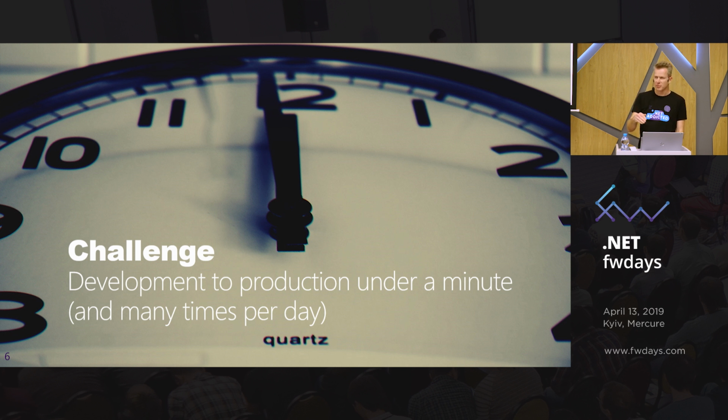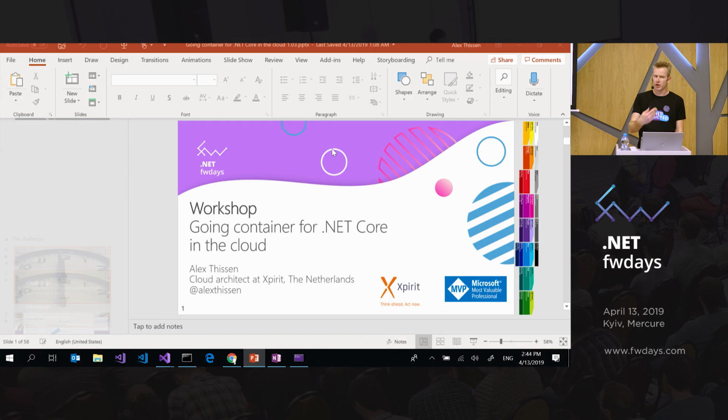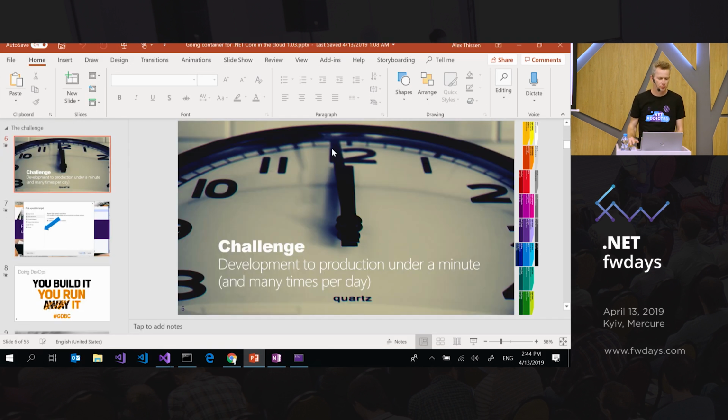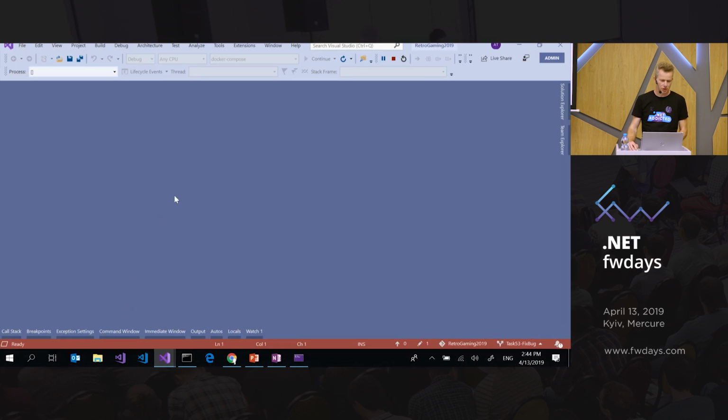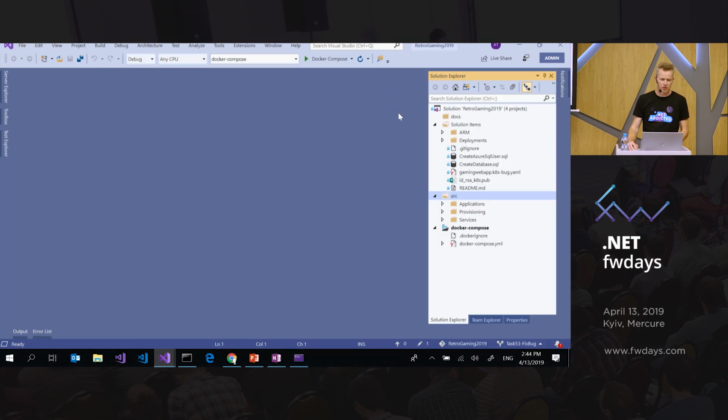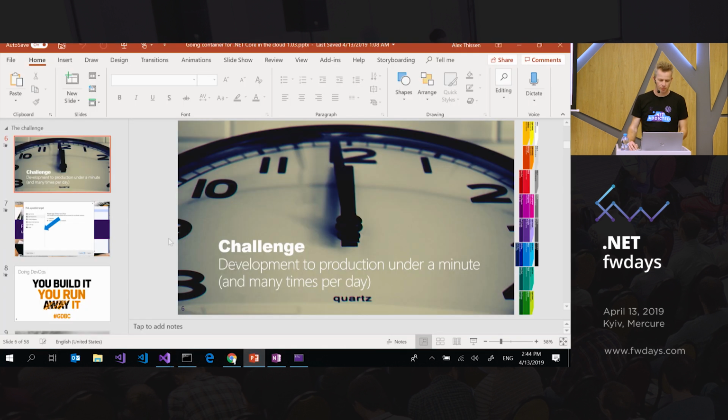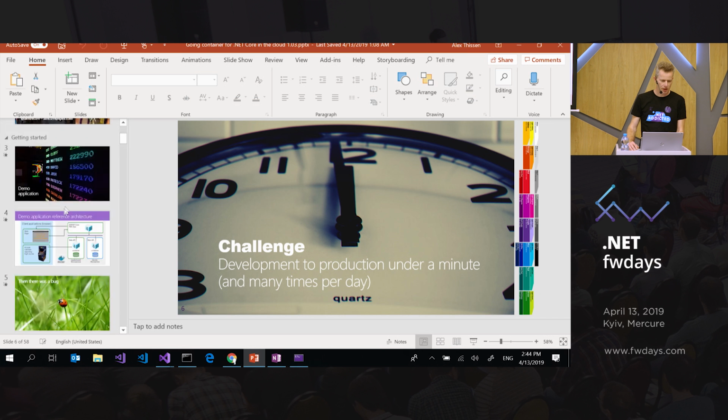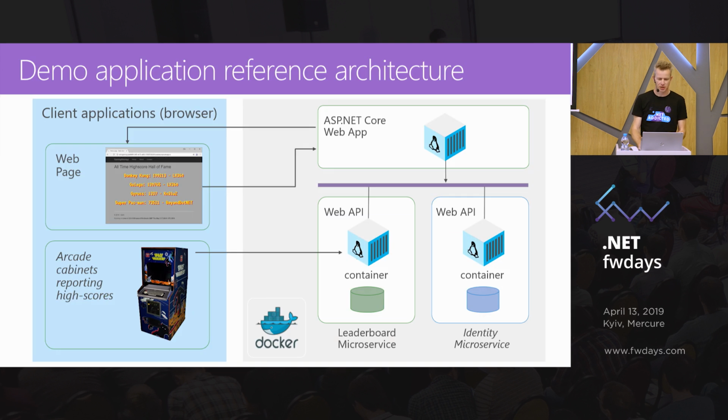I've just shown you an empty web application where we did the first step of moving into containers, but I have a more complete example, which is this retro gaming thing, because I like video games, old video games, and the idea is, why not build a solution that looks a bit like this?